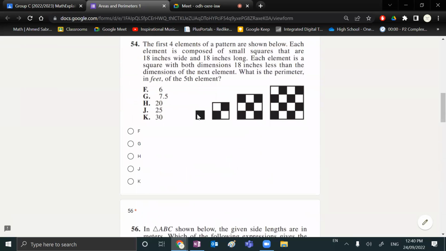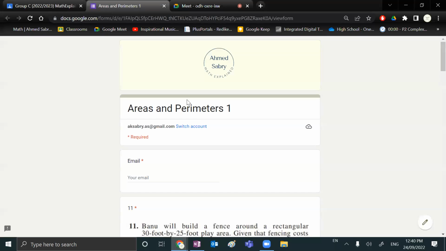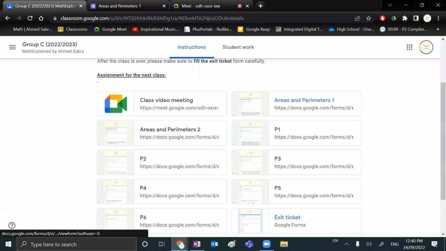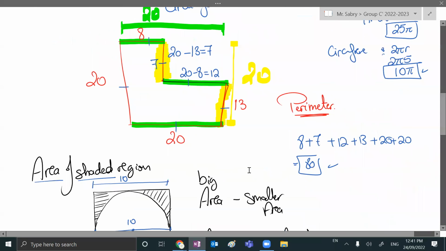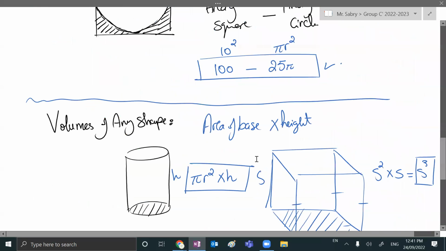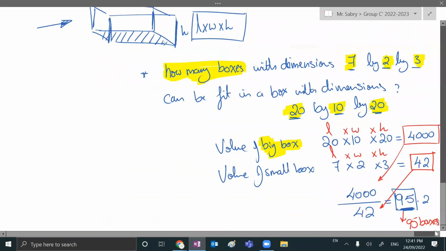There's one more thing I need to tell you. First of all, we discussed the areas of shapes normally if we know the lengths of the base and the height and the measures and so on.